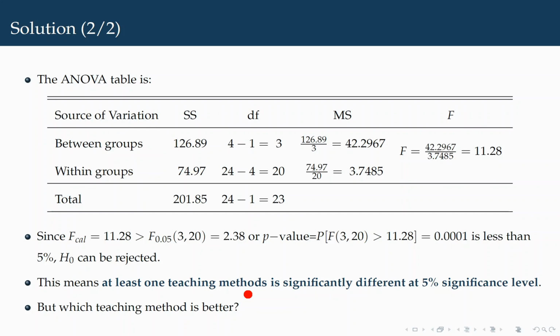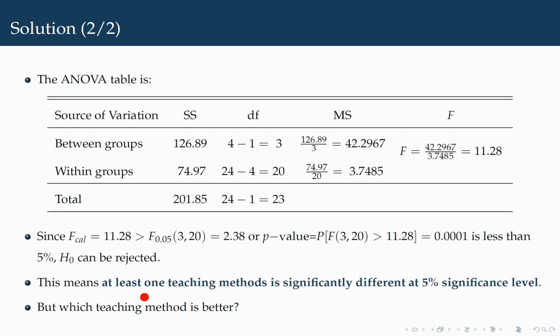But which teaching method is better or which is bad cannot be determined from the analysis of variance. So the only conclusion that we have here is that at least one of the teaching methods is significantly different from the others. But which one is best or which one is bad, we don't know.